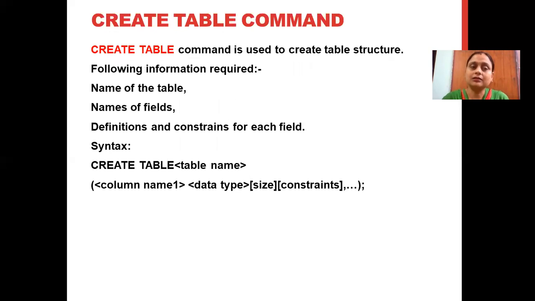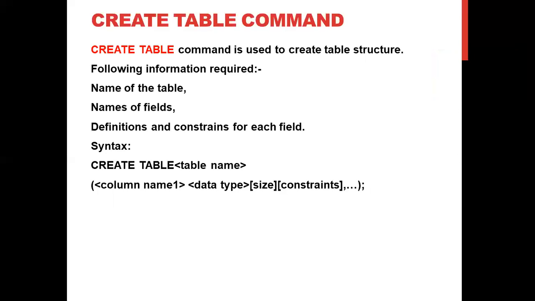Then we start how to create tables. The first thing is that we have to create the database. The database is the collection of interrelated tables. It means first we create the database, then we create the table. Then how to create a table? The syntax is given.